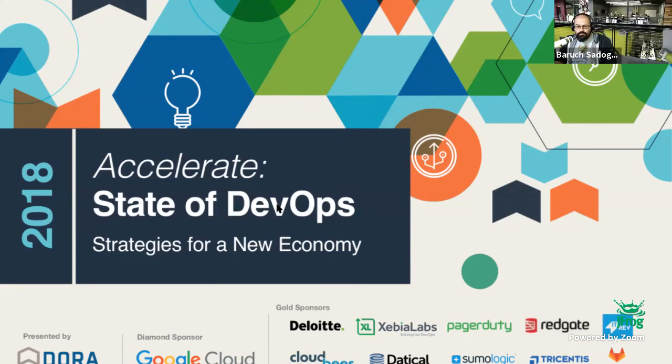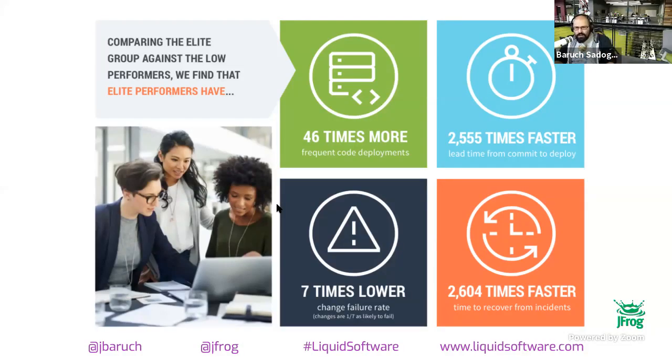is so important. So what they did, they compared different teams, and there is a methodology behind it, which is really scientific research. And you can see here that the group of elite performance do better compared to low performance in every aspect of software development.